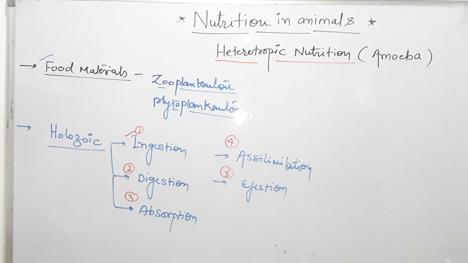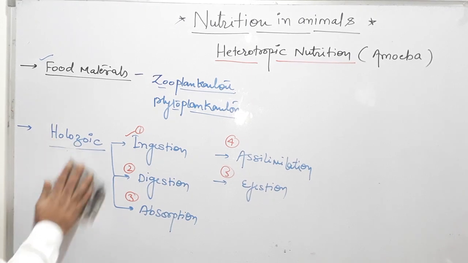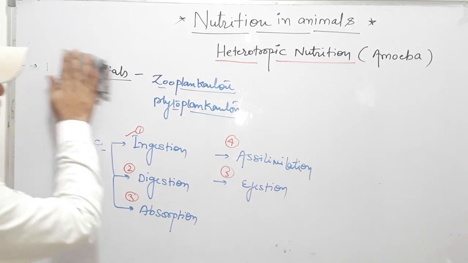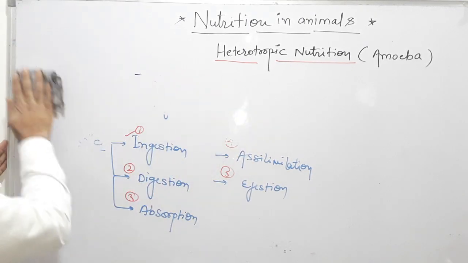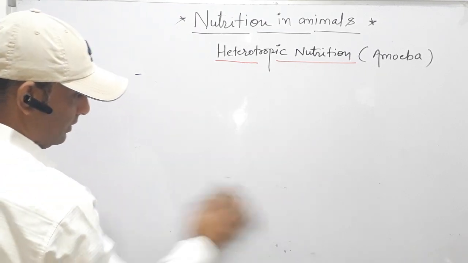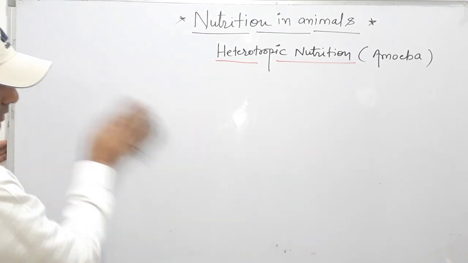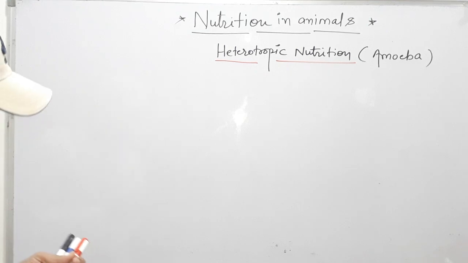Clear? Next is the process we will take. So we will take the diagrammatic explanation of the process of nutrition in amoeba. First of all, ingestion of food.